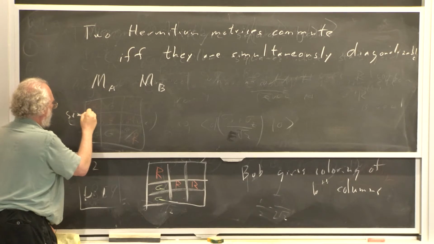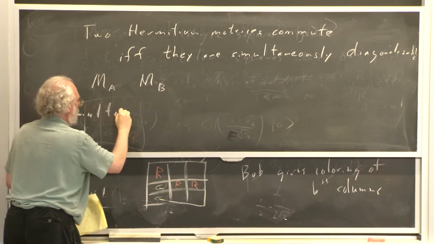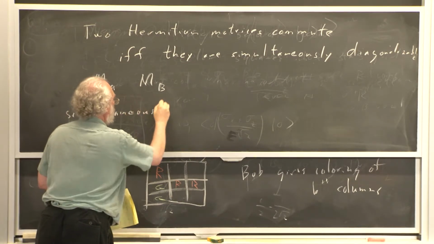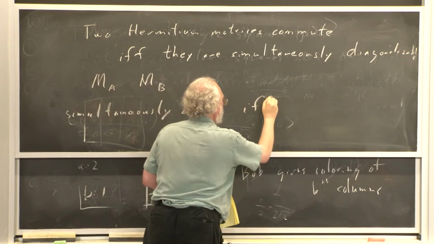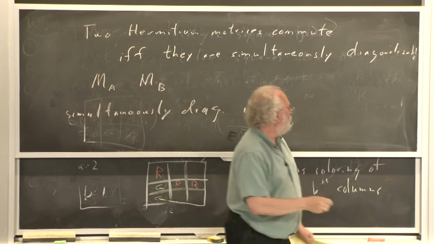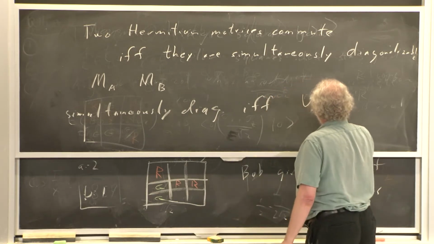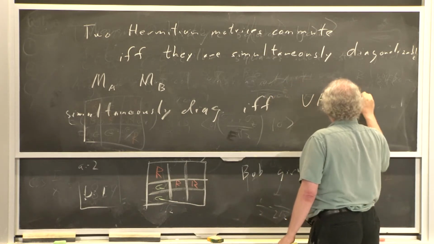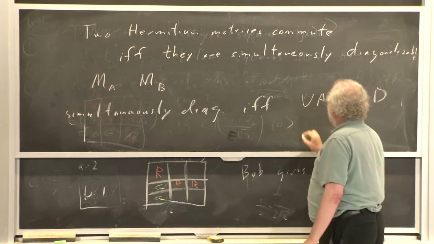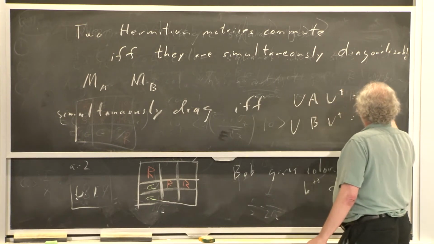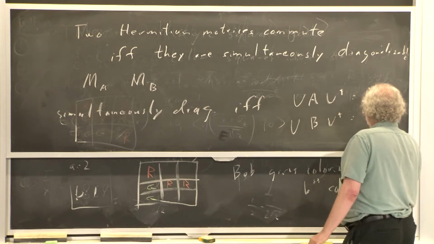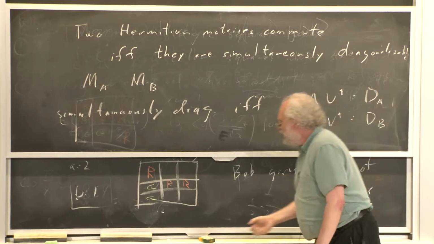They're simultaneously diagonalizable if, and this is the definition, U A U dagger and U B U dagger are diagonal, call them dA and dB, for some unitary U.